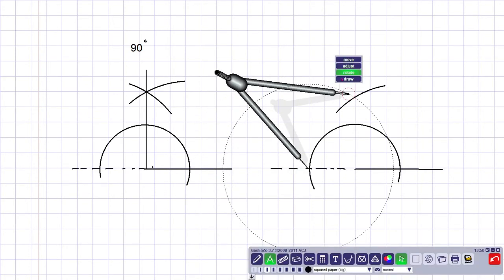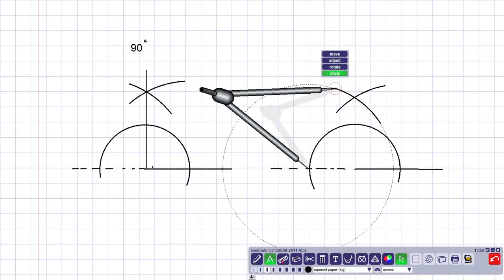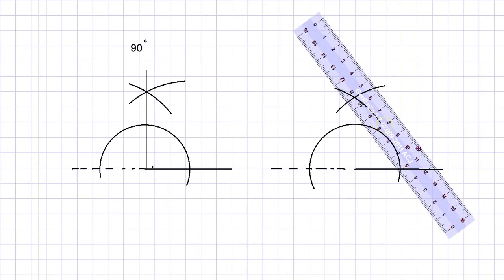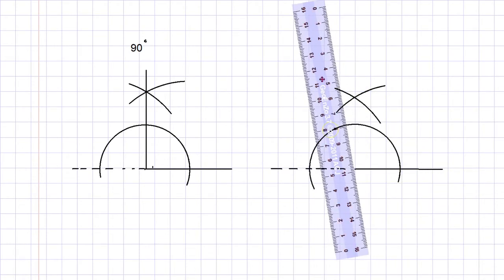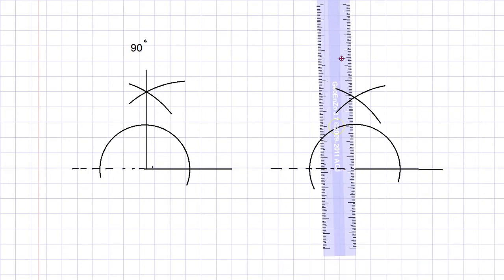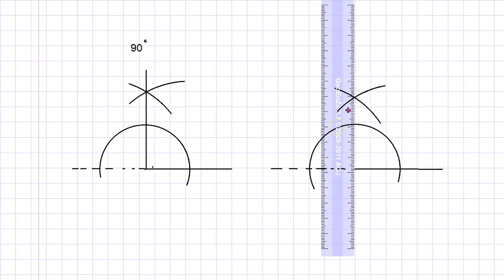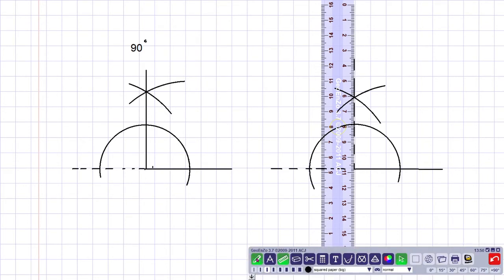Without changing the radius, cross the previous arc. Now if you join these 2 points using the ruler, you will get a 90 degrees angle. I will join that using a dotted line because I want a 45 degrees angle.